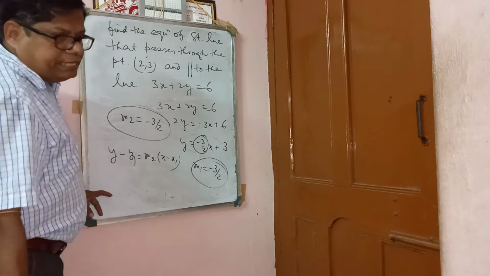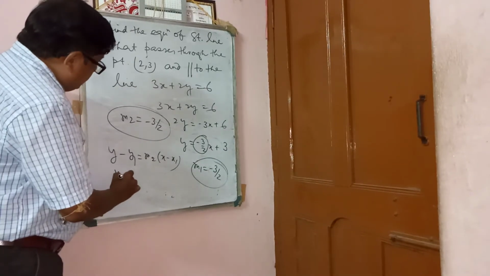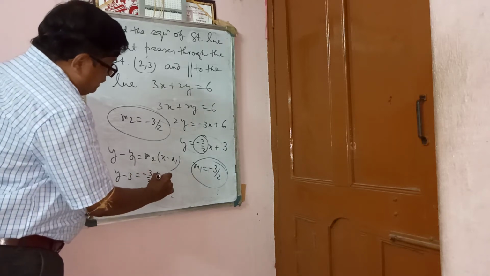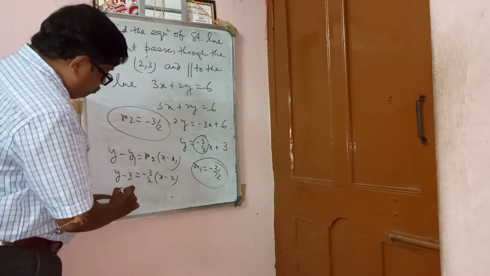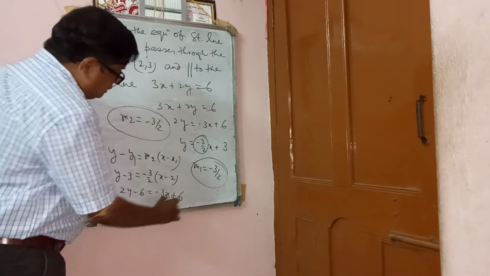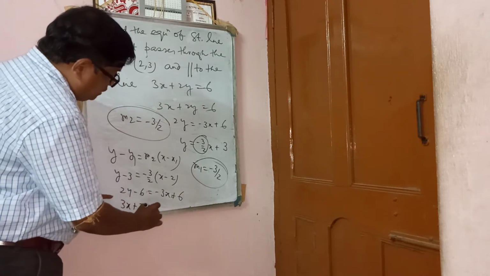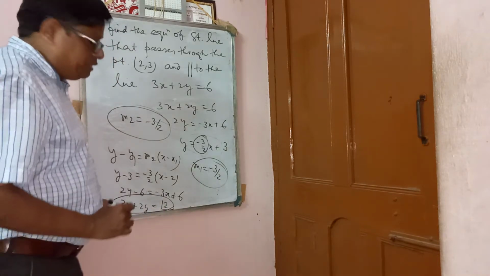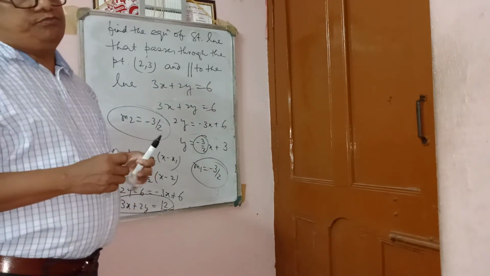Just put the values; this is x1, y1. So y minus 3 equal to minus 3 by 2 into x minus 2. Now simplify. 2y minus 6 equals minus 3x plus 6. Take that to this side. 3x plus 2y equal to 12. This is the equation. Okay, 3x plus 2y equal to 12.